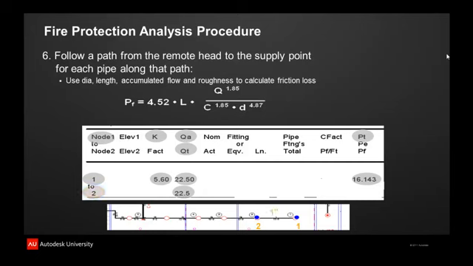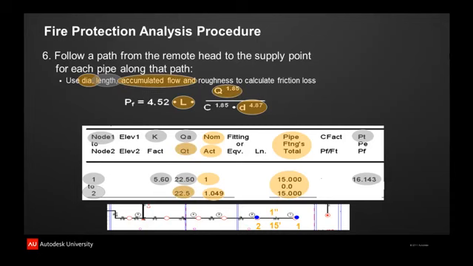And then we'll write in the diameter into our form, both the nominal and the actual internal diameter, and note that on our formula. Then we'll make note of the length as 15 feet, and we'll mark that on our form and on our formula.